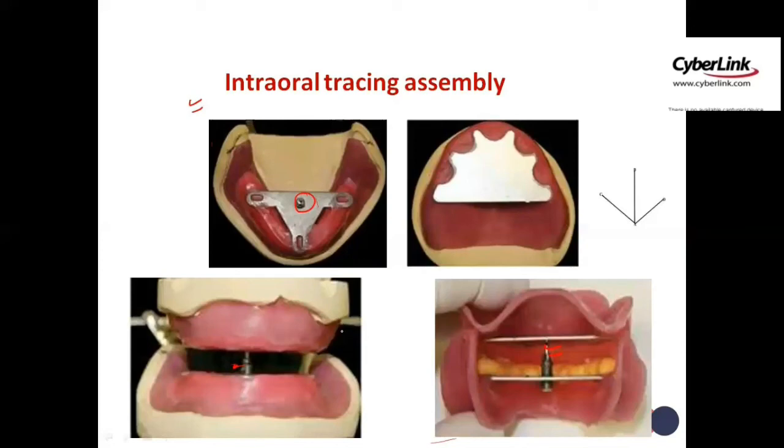The pointer is known as the central bearing point. Okay. And the recording plate is known as the central bearing plate. This is your central bearing plate. This is your central bearing point.